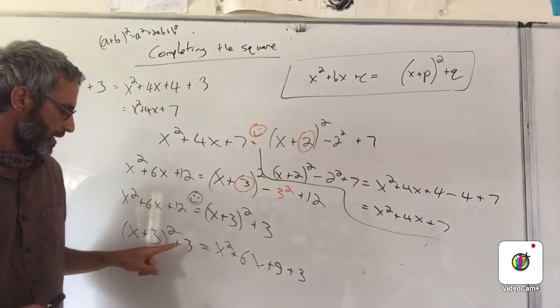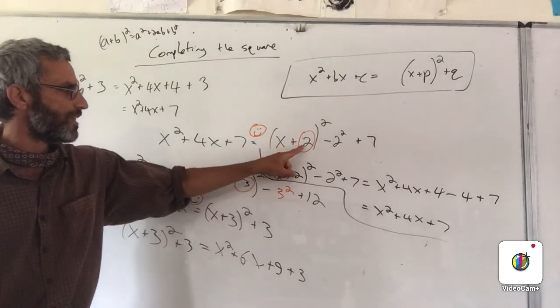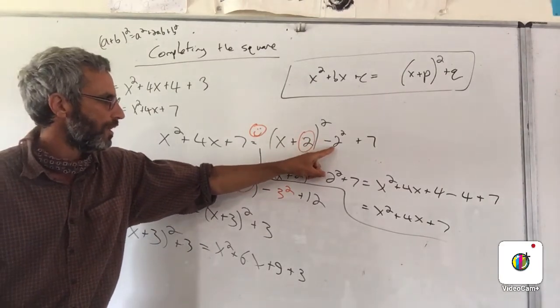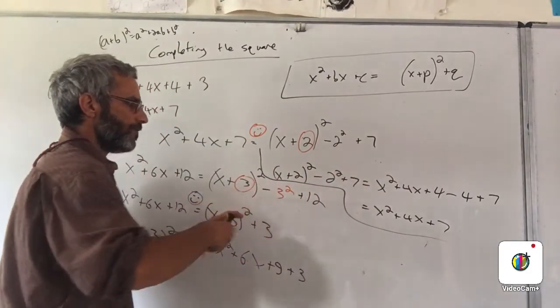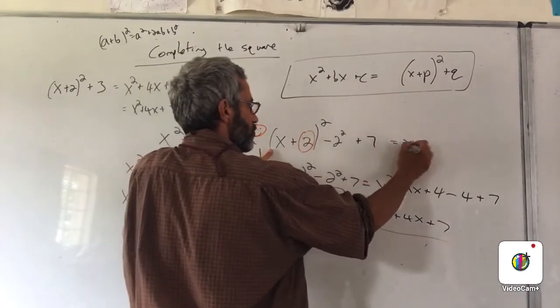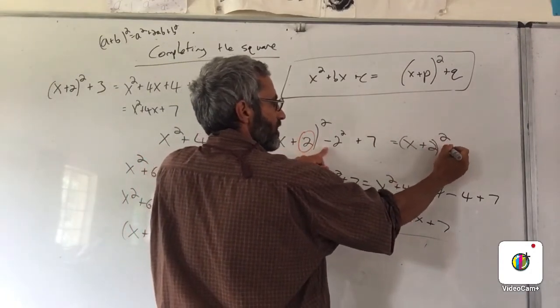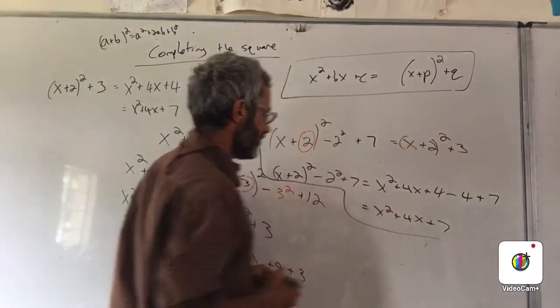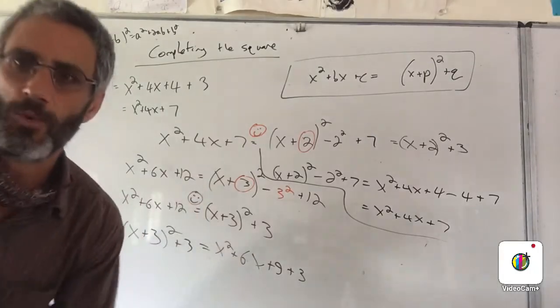Minus 3 squared in this case, and in this case it was minus 2 squared. I still need to add the last number. Here I forgot to write down, this is not the final answer. You should write it down as x plus 2 squared minus 4 plus 7, which should also be plus 3. Okay? Alright? And that's what I get. I'm going to pause now and we'll get some questions.